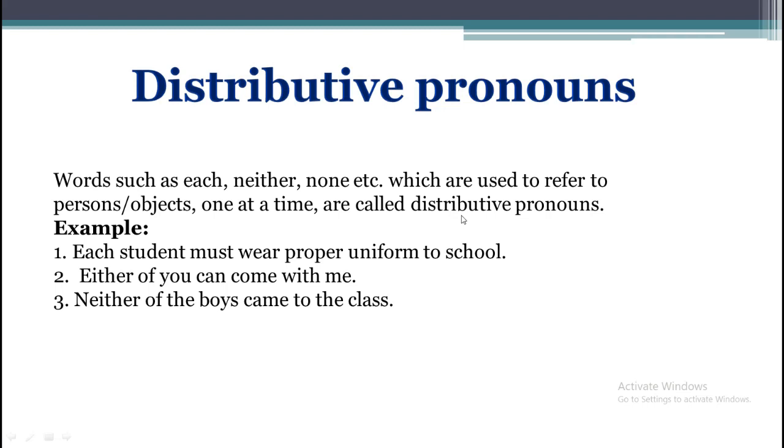So these sort of words, for example, each, either, neither, none, are used. Second example, either of you can come with me. Like there are two people, either the first one or the second one can come. Neither of the boys came to the class. So there might be 12 boys, 13 boys, 14 boys, but not one of them came.